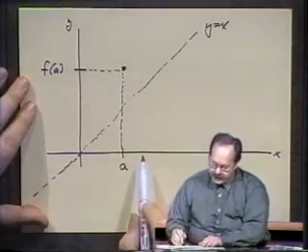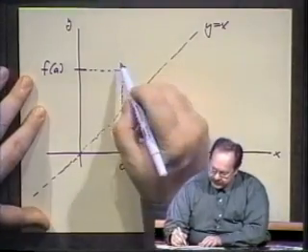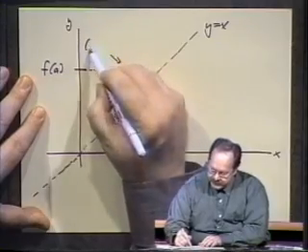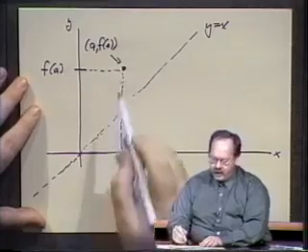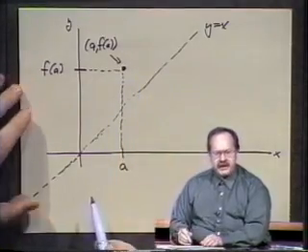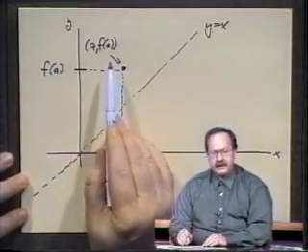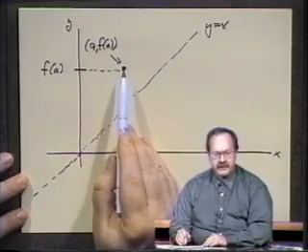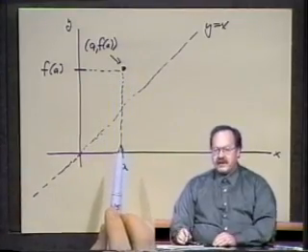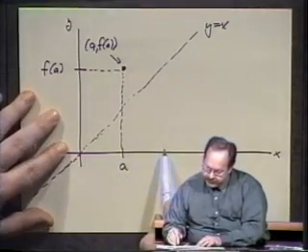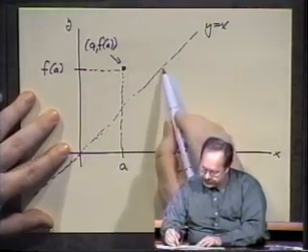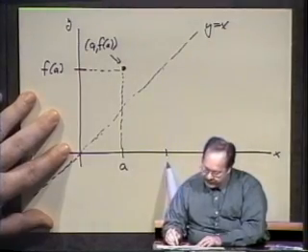Okay? Now, that is then the point. Let me label it here. This is the point A, f of A. All right, from what I just said on the previous page, if A, f of A is on the curve y equals f of x, then the inverse curve has the point f of A, A. So let me come down here and mark a point, let's see, right about there.